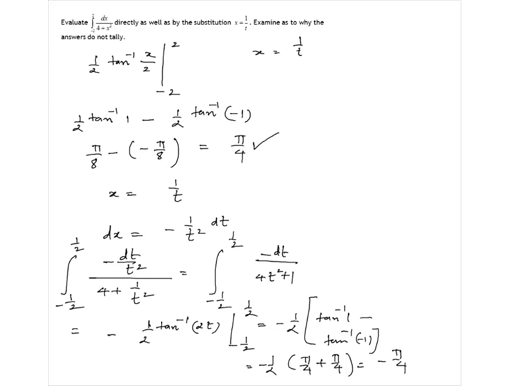Also, if you are integrating a positive function, 1 upon 4 plus x square, that's a positive function. Whatever is the shape of the positive function, definite integral tells us the algebraic area. Algebraic area can be plus or minus.